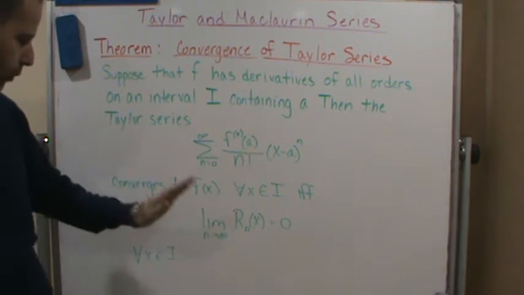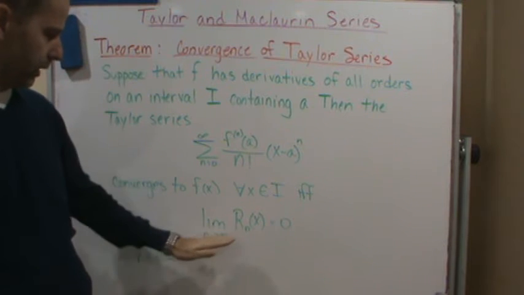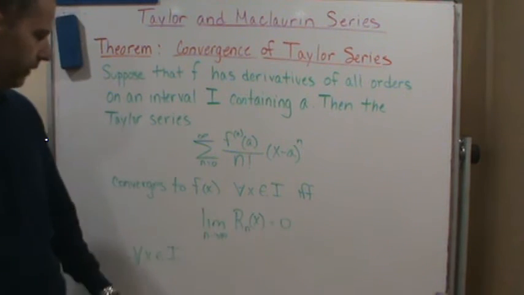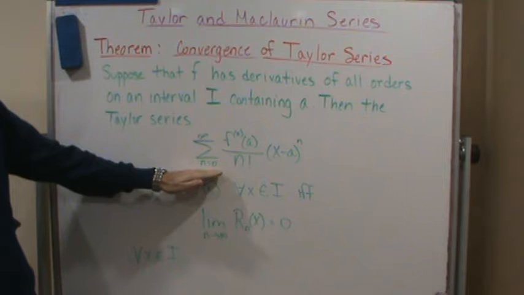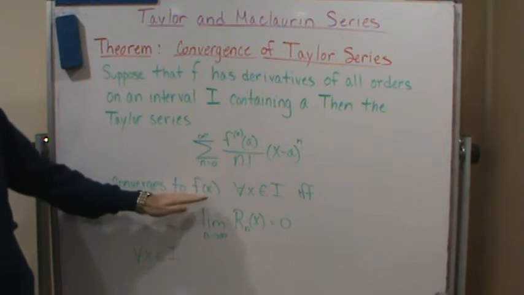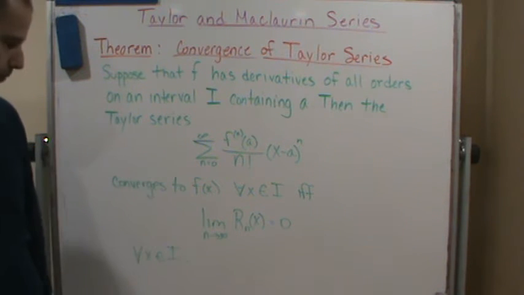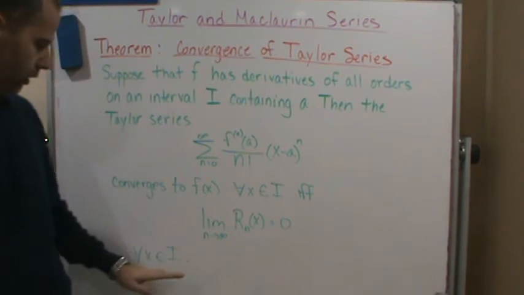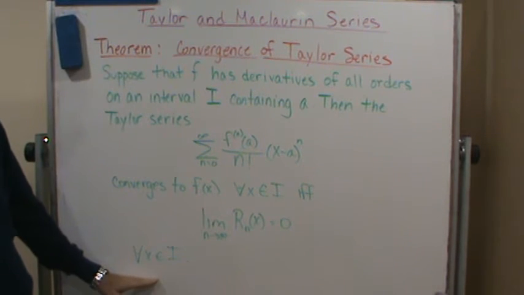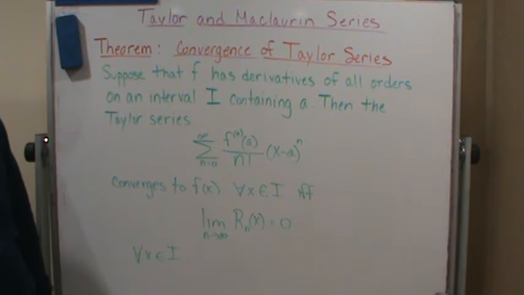So that means if we can show that the limit of the remainder goes to 0, then that tells us that this Taylor series converges to the function for all x in the interval I, as long as this is true for all values of x in the interval I.